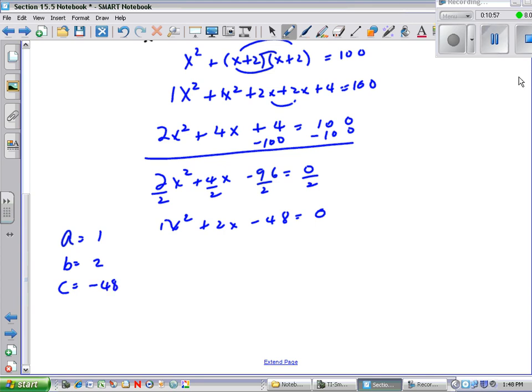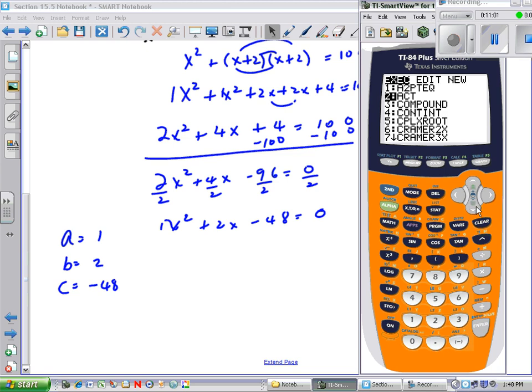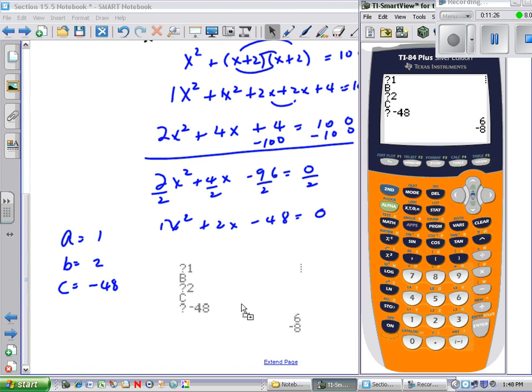So I'm going to grab my calculator, program, cursor all the way till you get down to quad. Remember that they're alphabetical. There it is. Okay, I've got it on quad. I'm going to press enter, and then I'll fill in A is 1, and B is 2, and C is negative 48. And I will find out that X can be equal to 6 and negative 8.